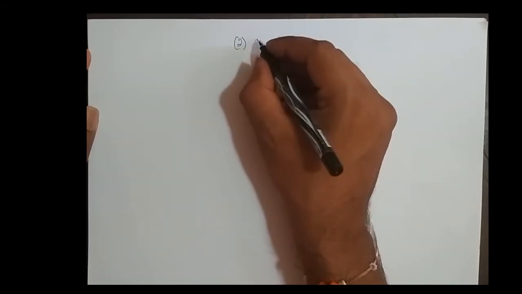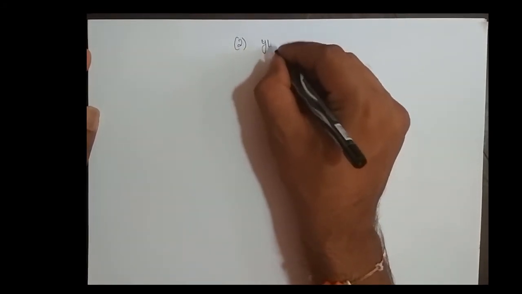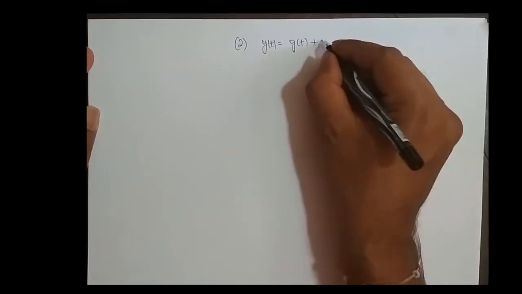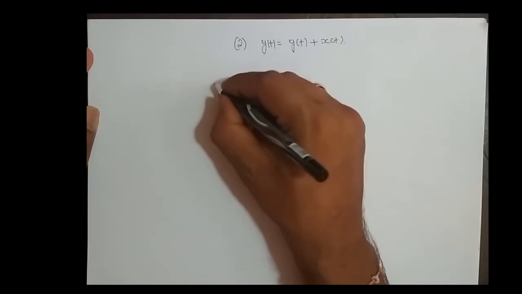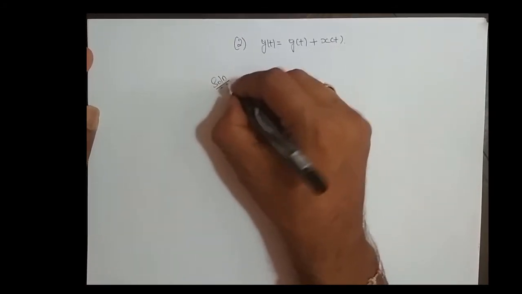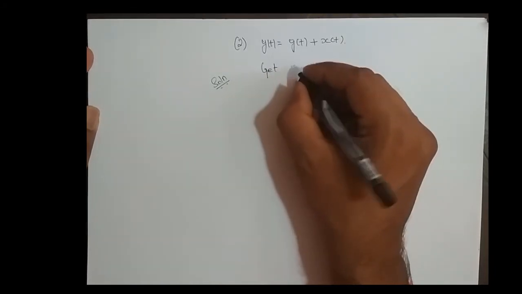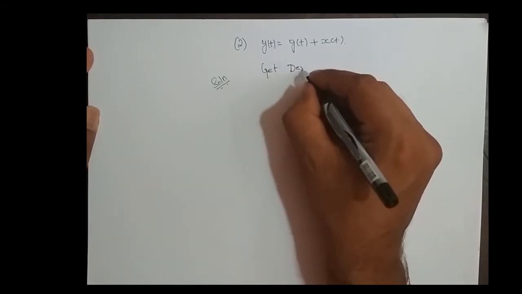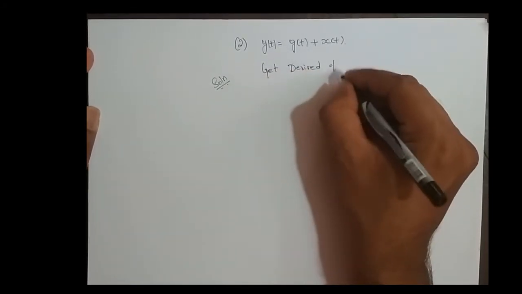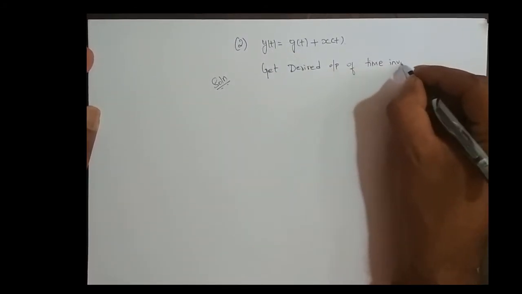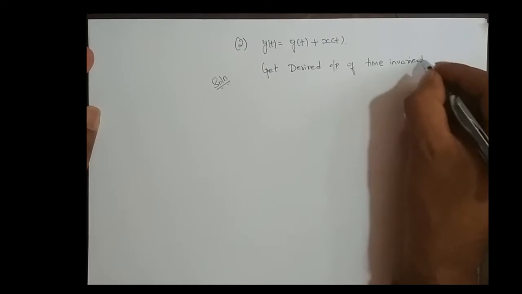So we'll take up one more problem. This time y of t is equal to g of t plus x of t. Okay, solution. So we have to get the desired output of a time invariant system.